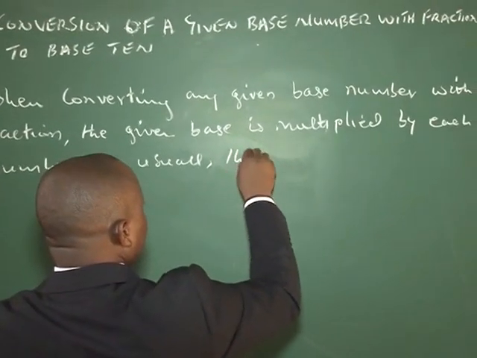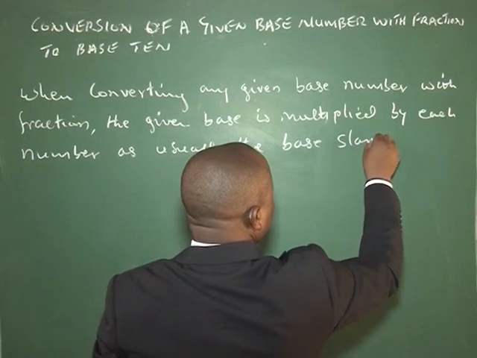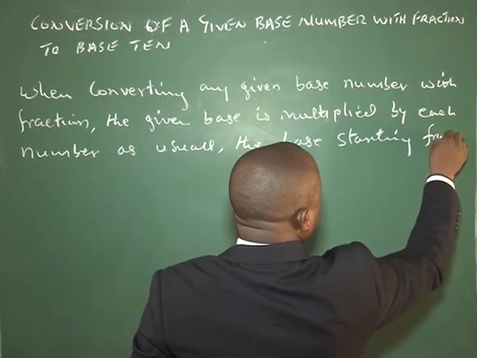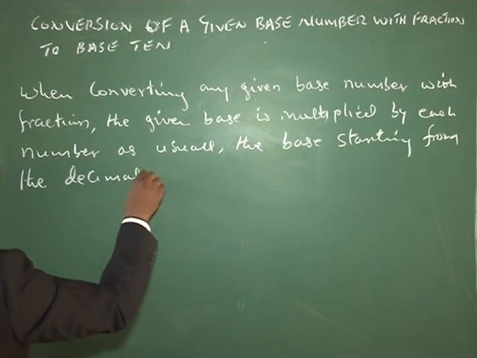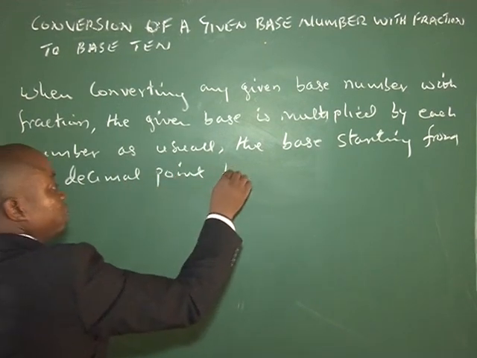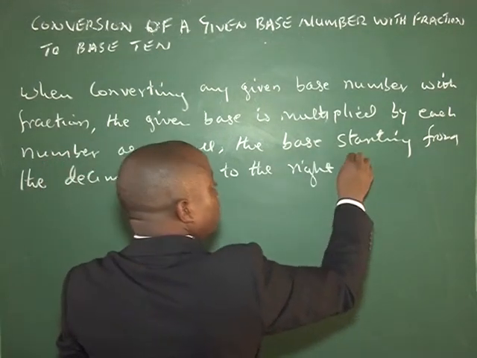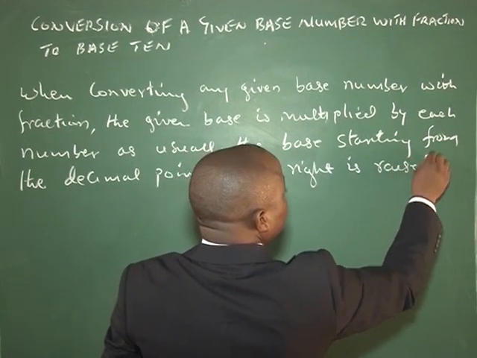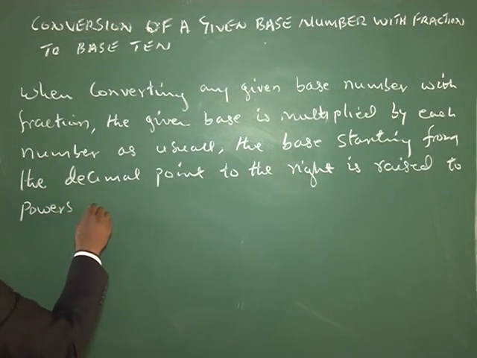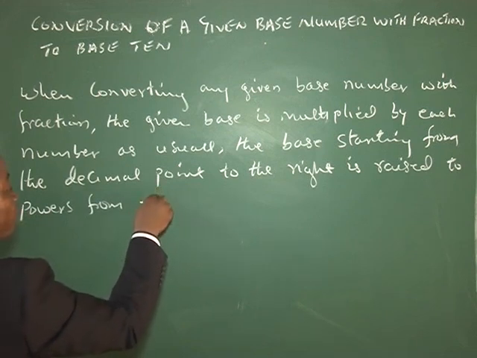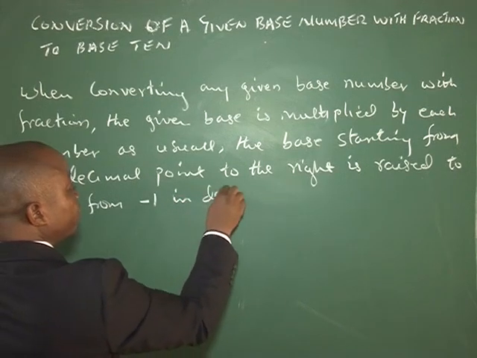Now, the base, starting from the decimal point to the right, is raised to powers from -1 in decreasing order.